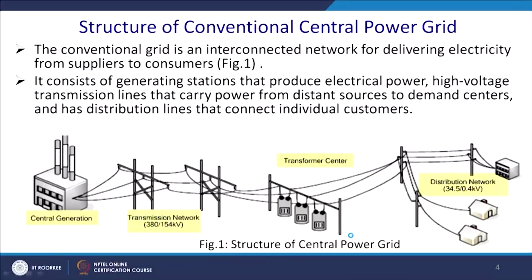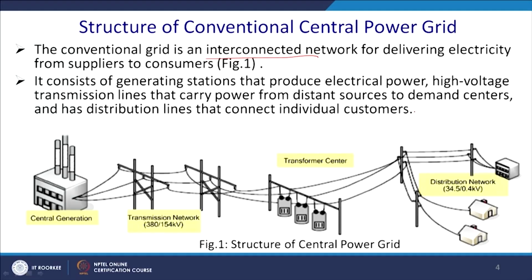So, the structure of the conventional central power grid can be described as follows: the conventional power grid is an interconnected network for delivering electricity from supply to the consumers, consisting of generating stations that produce electrical power, high voltage transmission lines that carry power from distant sources to the demand centers, and distribution lines that connect individual customers.